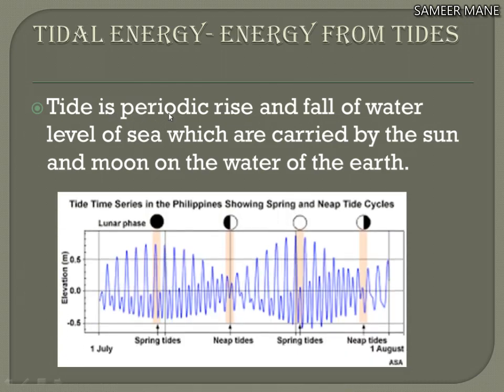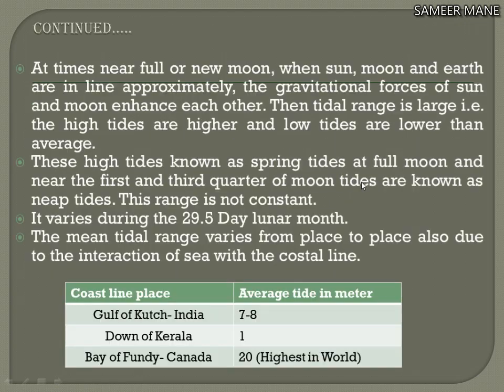Tide is a periodic rise and fall of the water level of the sea which is caused by the sun and moon on the water of the earth.